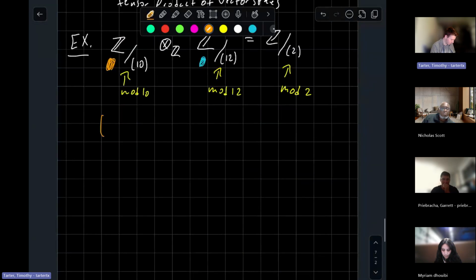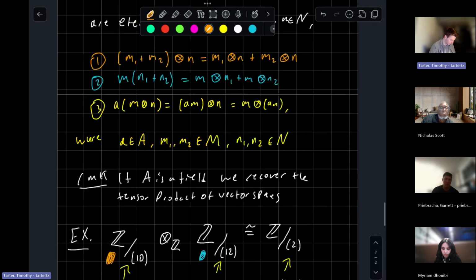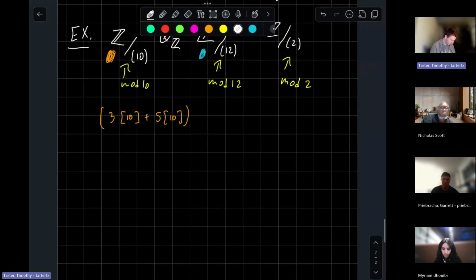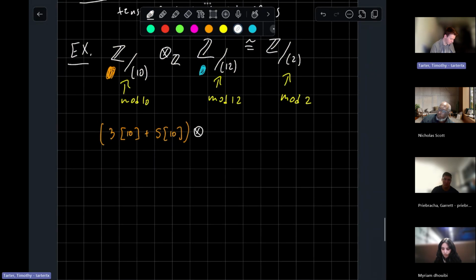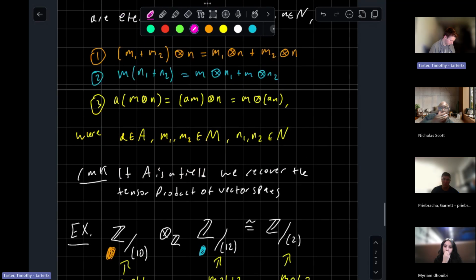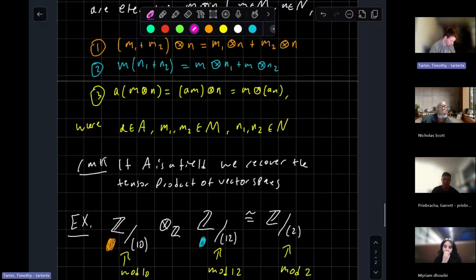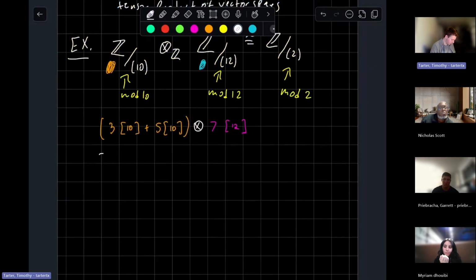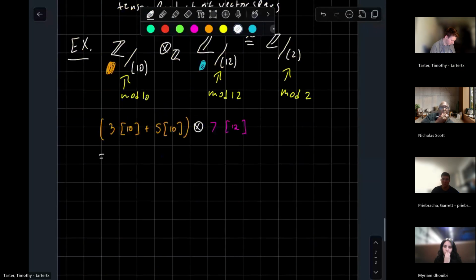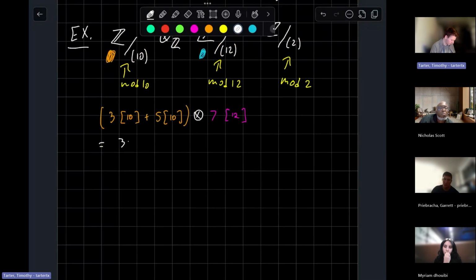So M1 plus M2, let's do 3 mod 10 plus 5 mod 10, tensor product something mod 12. Let's do 7 mod 12. This should be equal to 3 times 7.